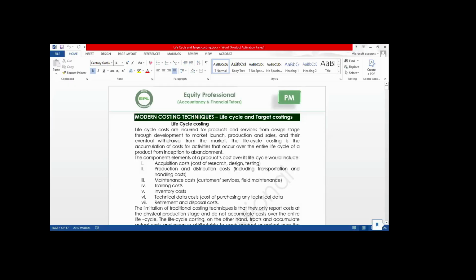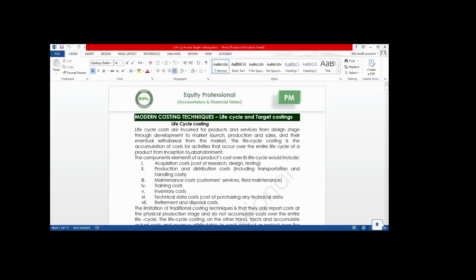Your market survey is to establish whether, if you produce these products, would these products be commercially viable? You are doing all these activities prior to the actual production, and you are incurring costs on these activities.